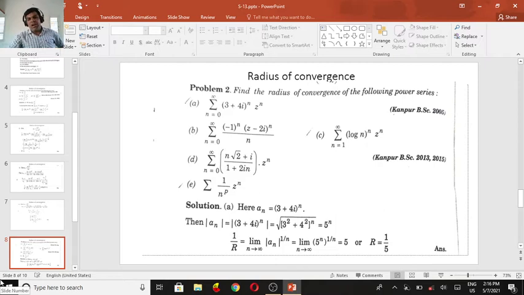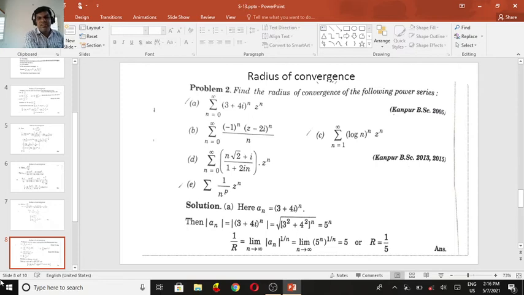If all points lie outside the circle, it is divergent. By using this statement, we can solve some problems and prove whether a series is convergent or divergent. Now let us come to some further examples.